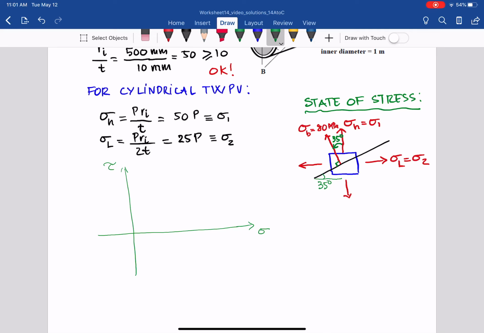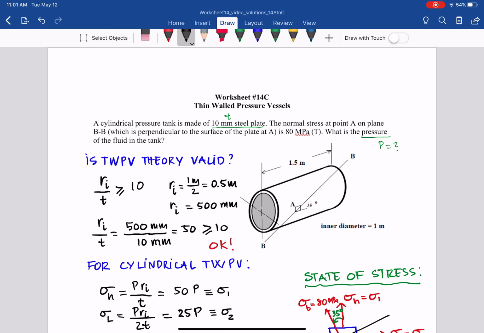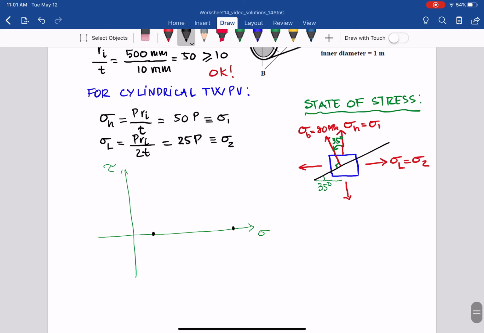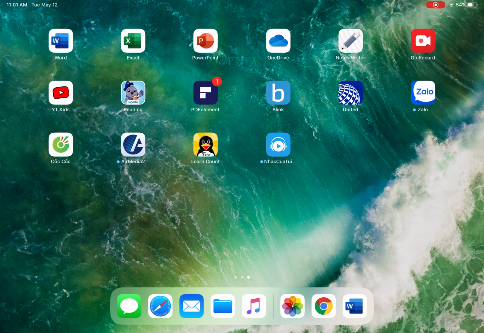So we have 2 points. This is sigma 2, which is longitudinal, and this is sigma 1, which is the hoop stress. So from that we can draw the angle. If you're not sure what that is about, I can plug that in there.